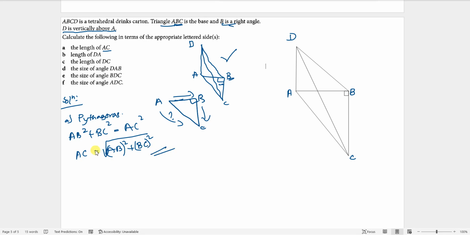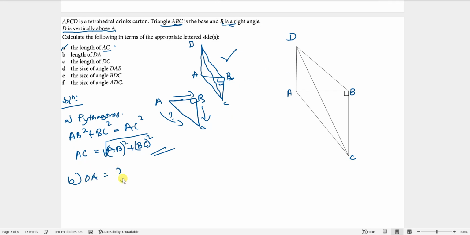Now, in this question you are not provided with any values, so you just have to use the letters. So done with A. Now B, the length of DA. So where is DA? This is DA. So how do we find this length? We write DA equals question mark.